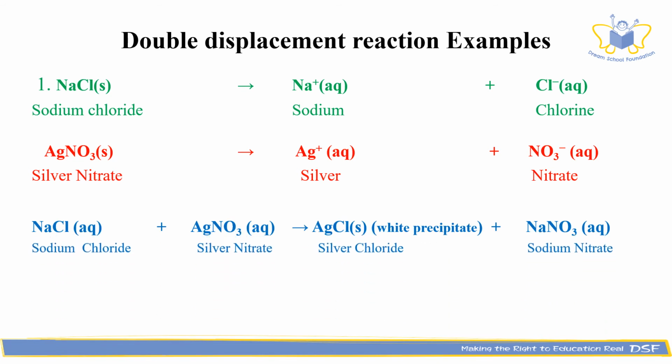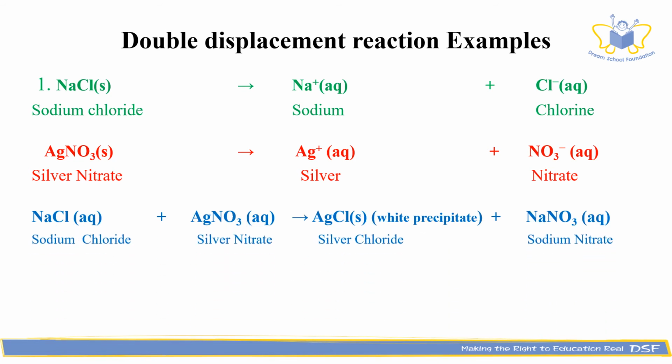When an aqueous solution of silver nitrate, AgNO3, is added to the aqueous solution of sodium chloride, NaCl, a white precipitate of silver chloride, AgCl, is formed, and that is indicated by the following reaction. AgNO3 plus NaCl gives AgCl plus NaNO3.